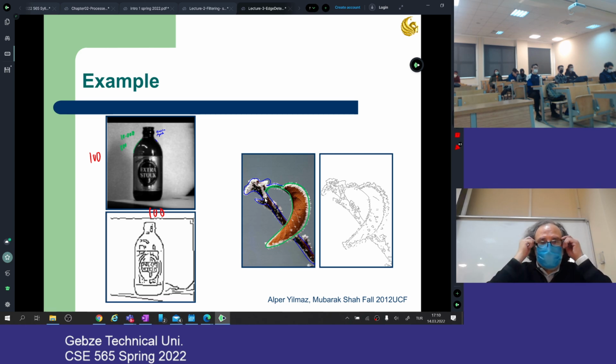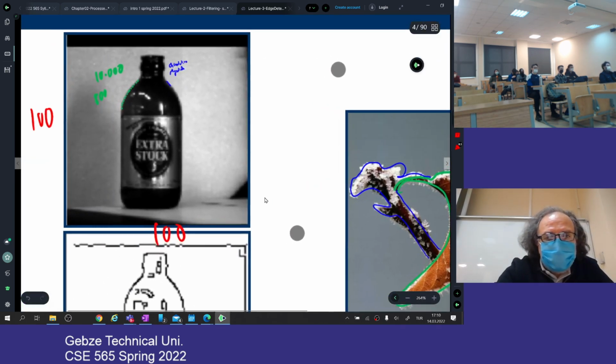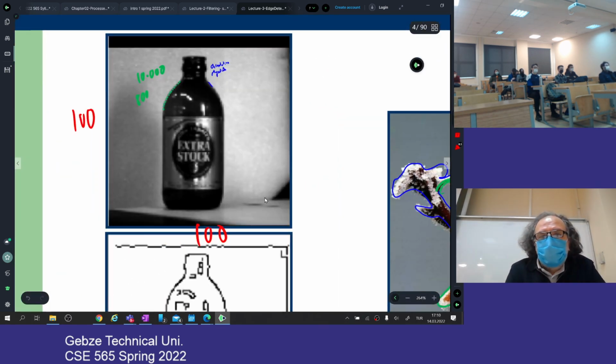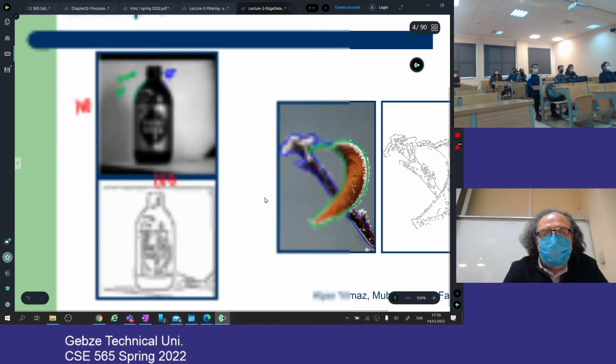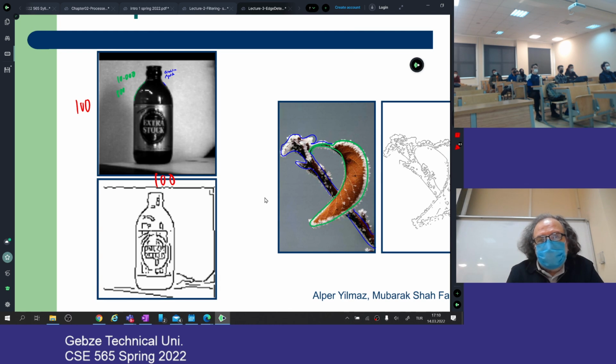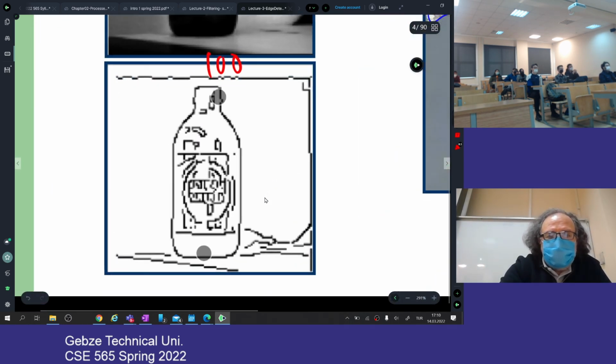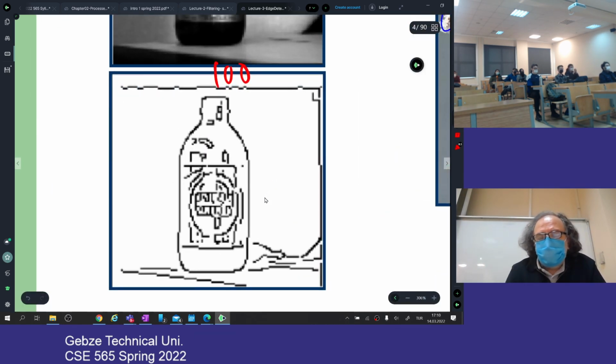This is an image of a bottle. If I extract the edges of this image, I get this. Okay, so this is a binary image, ones and zeros. It looks like zeros are the edges, ones are the no-edge positions.